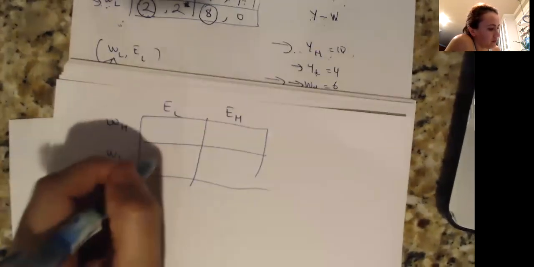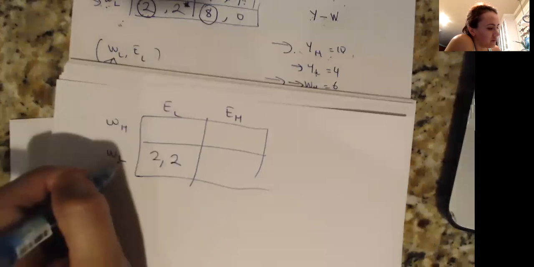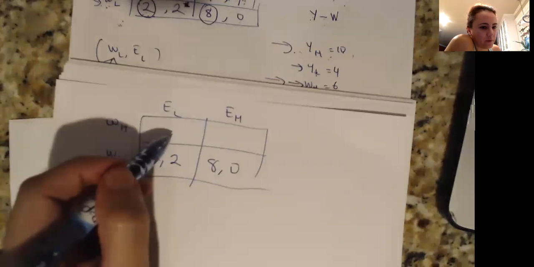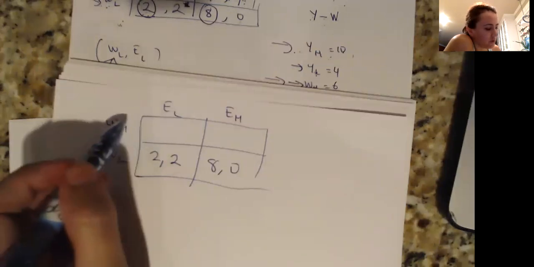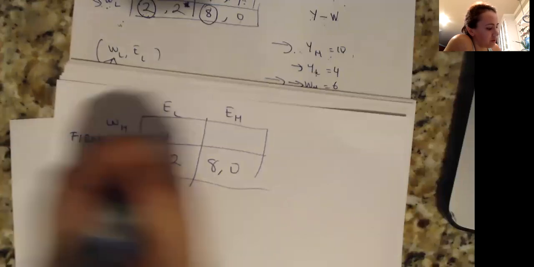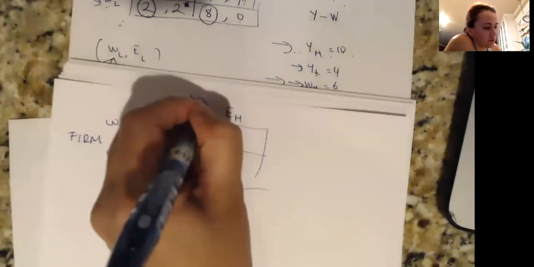So WL, EL, these numbers are the same because WL is not changing. But WH is changing. So the first number belongs to the firm, the second number belongs to the worker.